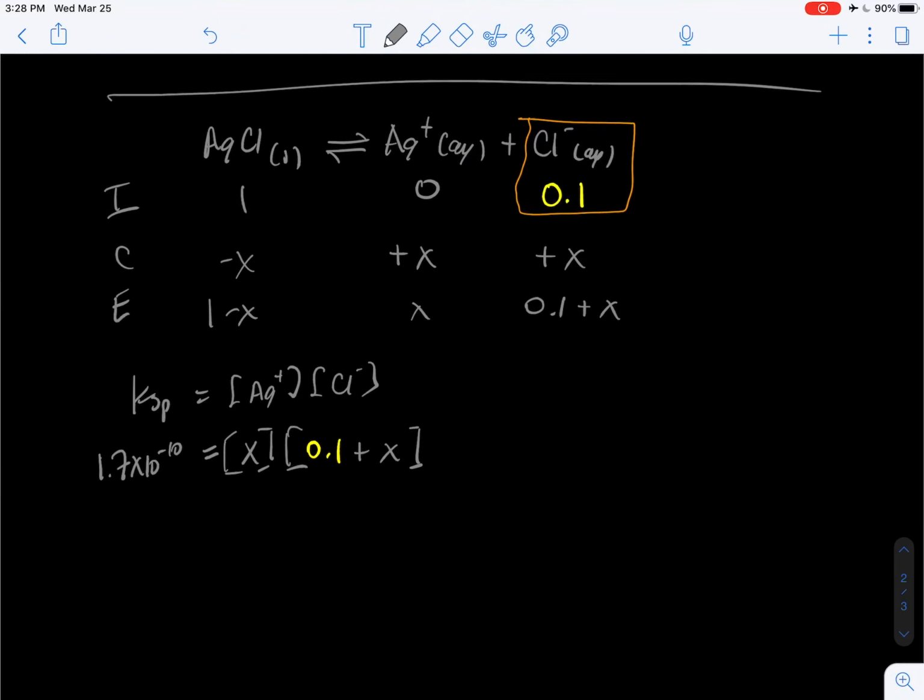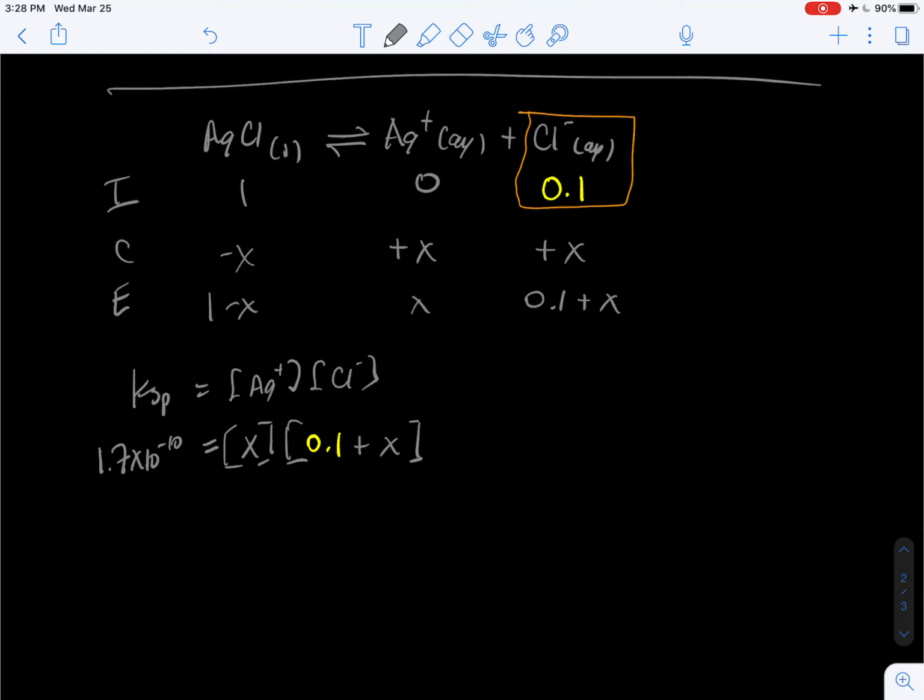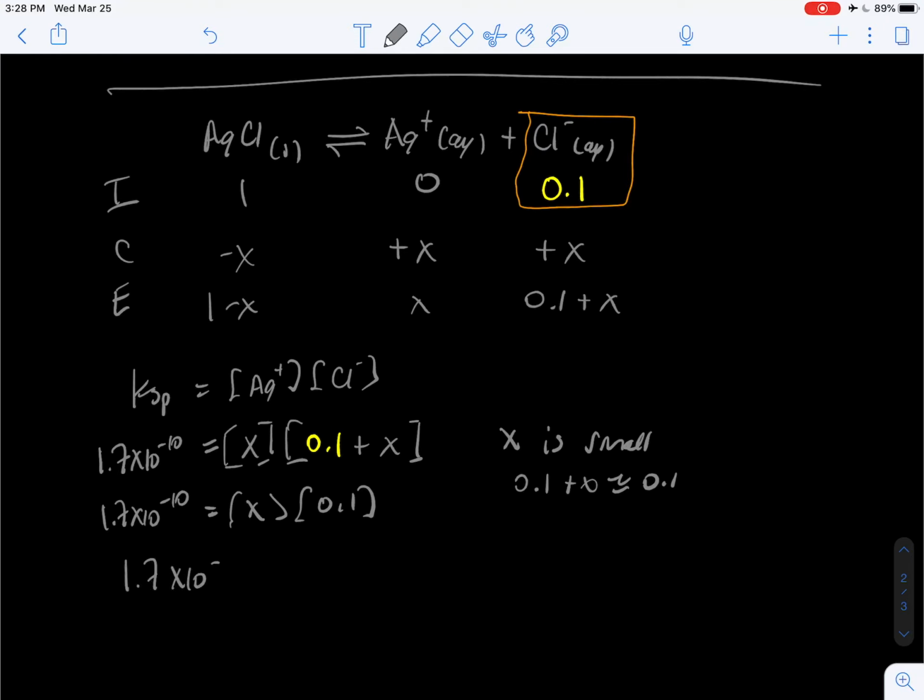Okay, now here we make an assumption so we don't have to use the quadratic formula. We assume X is small. So 0.1 plus X is about equal to 0.1. So you plug this in. Multiply both sides by 10. And you get X. Okay?